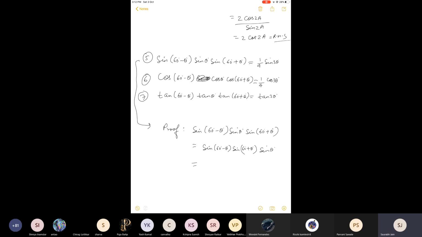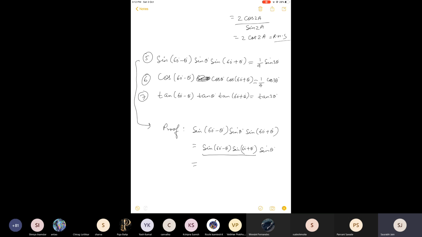But what is the reason behind it? Can you recognize any formula at this step? Any formula that you can relate it with the second step? So sine A plus B into sine A minus B. Very good.